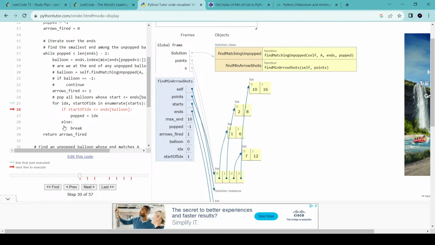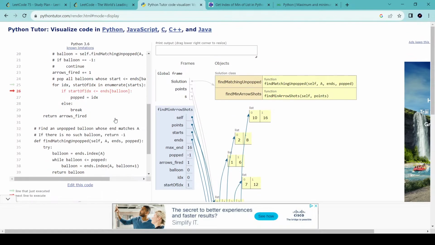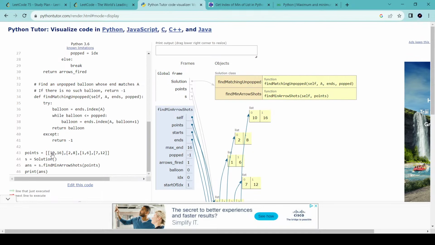Okay, so the first value of balloon is 0. That's correct, because balloon 0, at least in the sorted version, is 1 6.